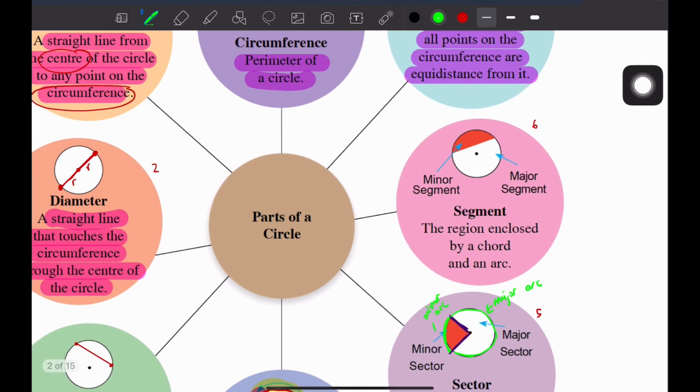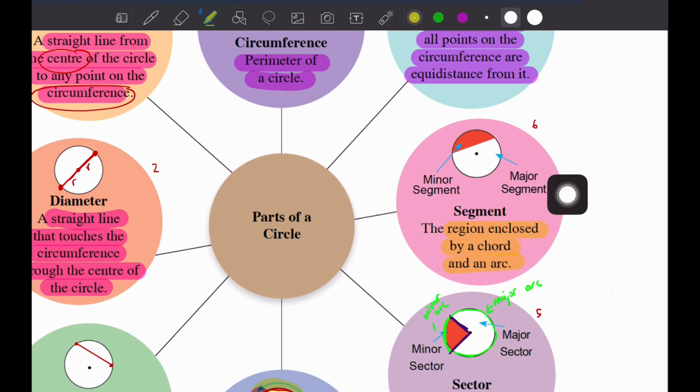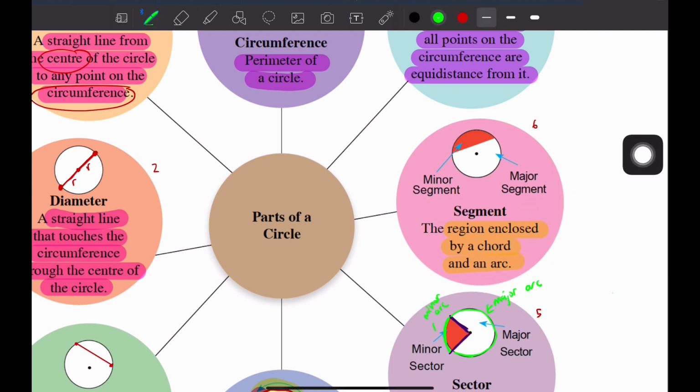And the last one is segment. So what is a segment? Segment is actually the region enclosed by a chord and an arc. Kita tahu tadi a chord is a straight line dan menyambung dua point on the circumference kan. Kita potong, contoh potong. So ada dua bahagian. There are two segments, the small one and the big one.